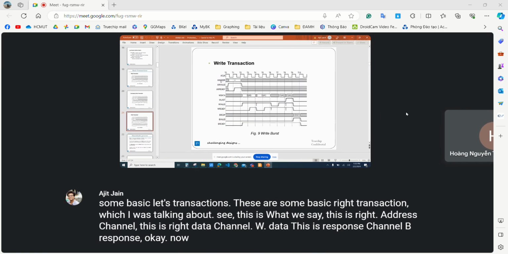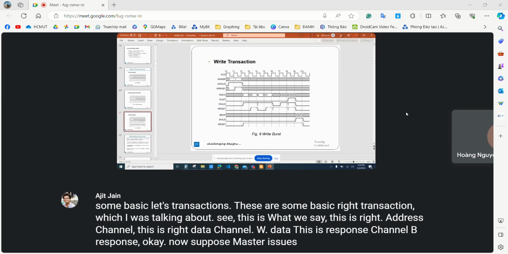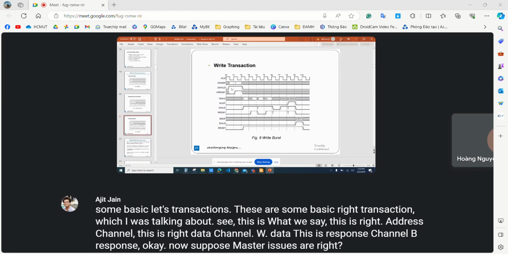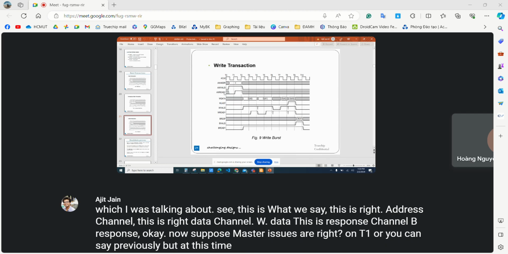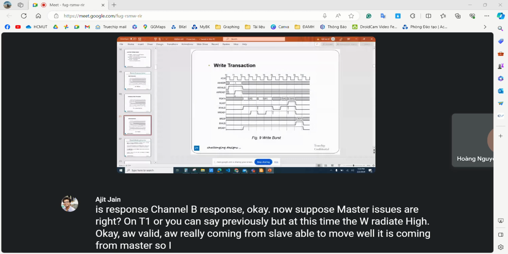Now suppose the master issues a write at T1, or you can say previously, but at this time W ready gets high. AW ready is coming from the slave, AW valid is coming from the master. I just told you that these two should be high for one clock cycle.